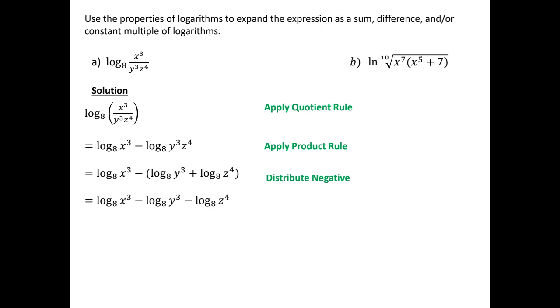So again, now I've simplified. And now go ahead and use my power rule, multiply those exponents, and I have my final answer. 3 log of base 8 of x minus 3 log of base 8 of y minus 4 log of base 8 of z. Okay? All right, let's do B, one more.